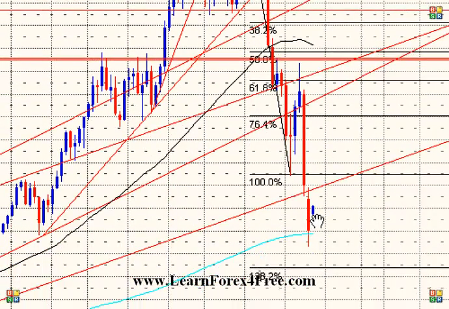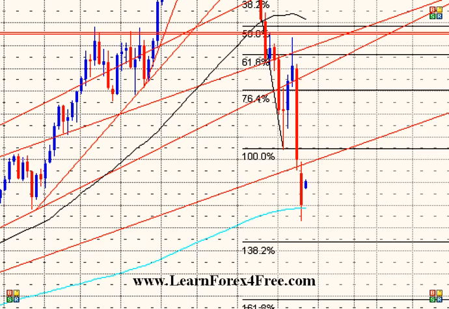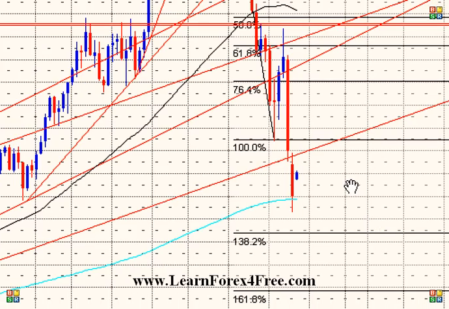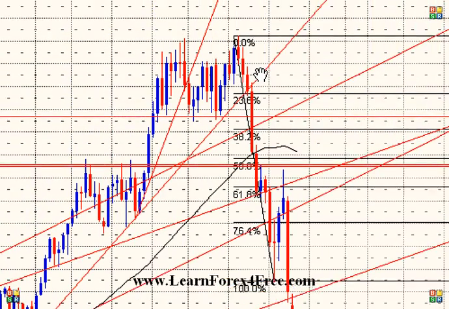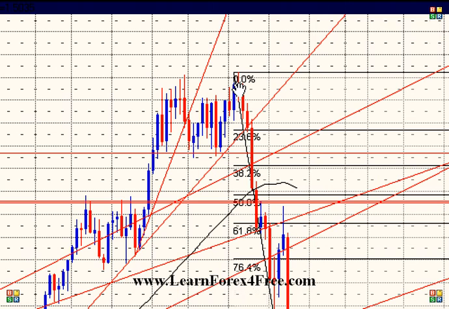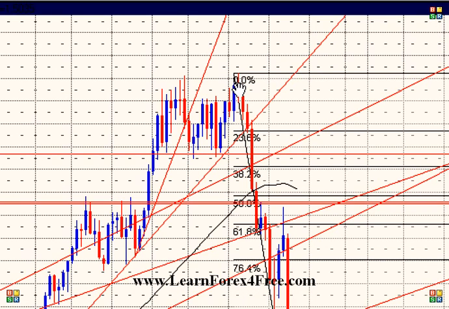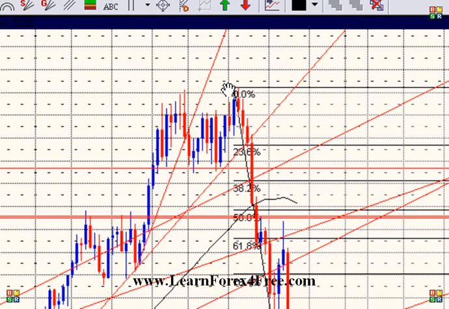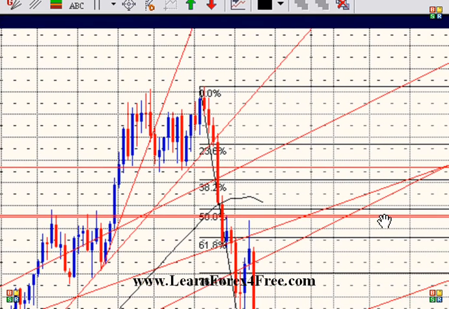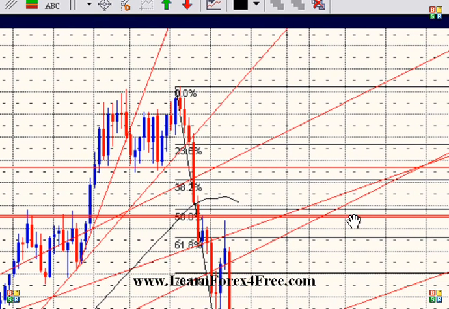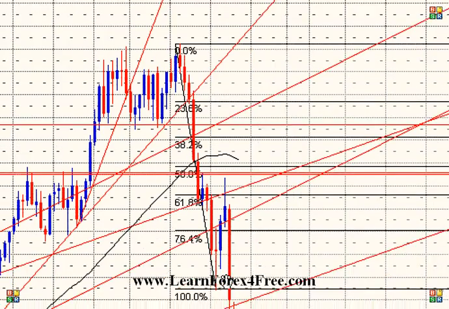It's too steep, and that usually signifies there's going to be a correction. If the fall in price is approximately at a 45-degree angle, I'd be more comfortable with it continuing. But this is too steep of a drop.